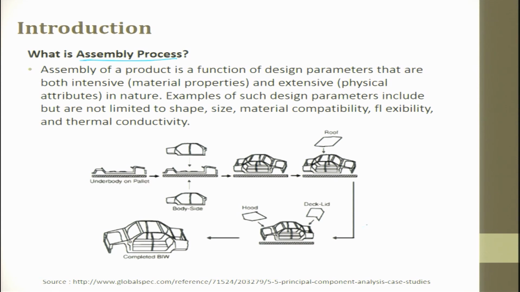If you look at the complete assembly of a car, you see that the underbody is kept on a pallet and this is moving on a conveyor. And interestingly, in car assembly or in automobile assembly or in pizza assembly, wherever your mass production rate is very high, they look for an automated assembly line.